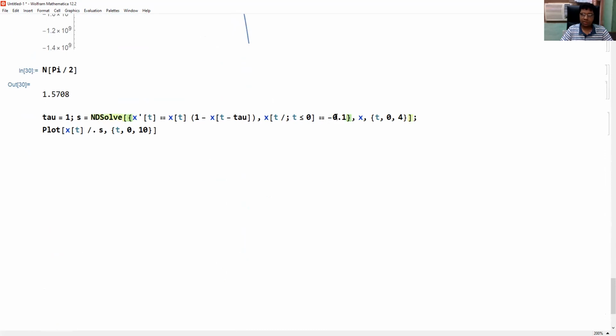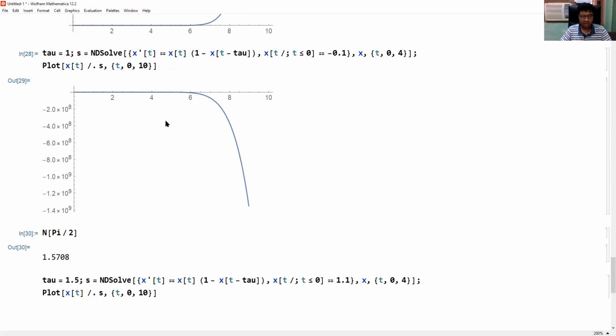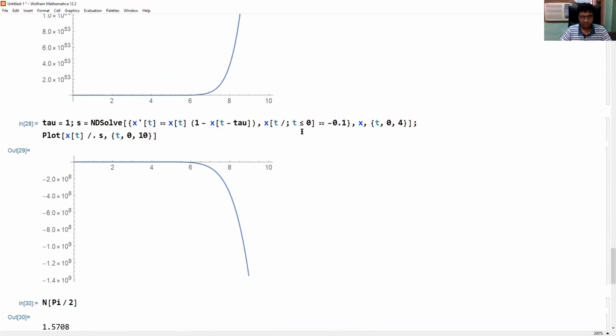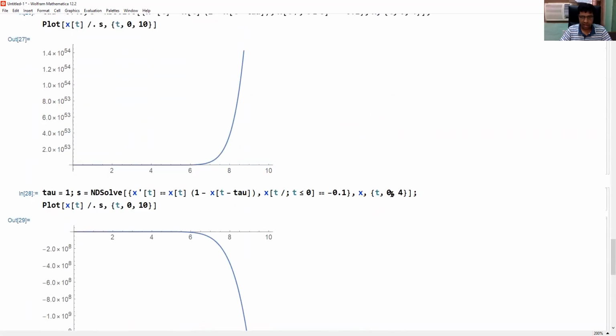Initial value in the neighborhood of 1, say 1.1. And let us take tau to be less than 1.57, let us take 1.5. We should get stable solutions. Actually, there was a mistake here. I was solving up to 4 and plotting up to 10.